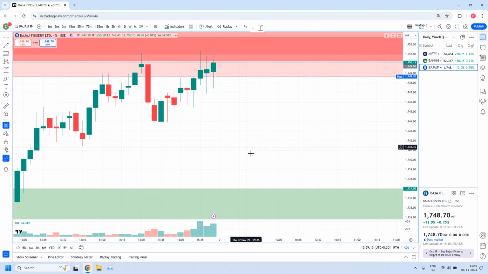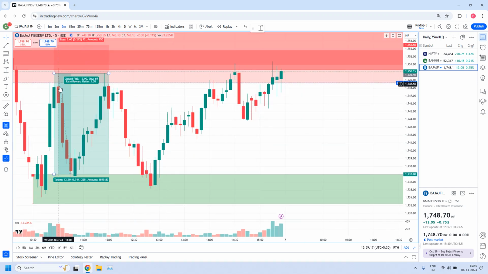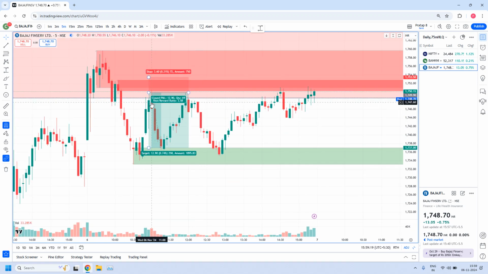Now let me go to the 5 minutes time frame. This is the first trade we got. At 11 o'clock we got a 5 minutes candle, and it reached the target at the 11:15 candle. Almost within 15 minutes the trade is completed. Again it gave one more trade. The second trade we got at the 11:55 candle.